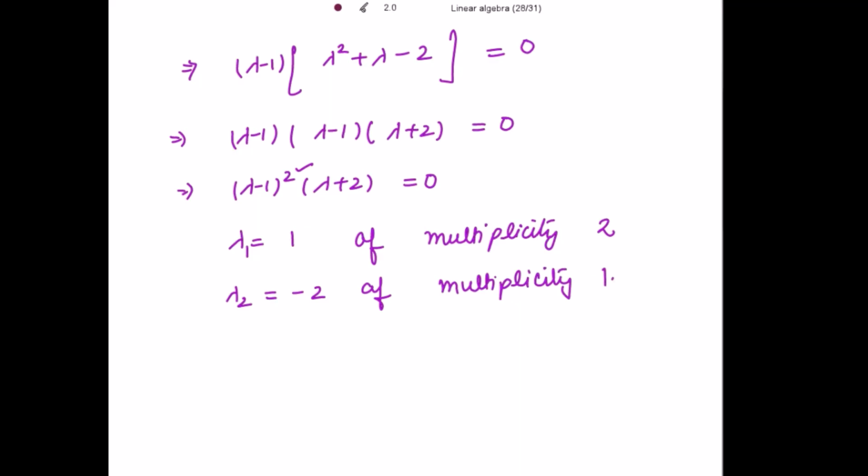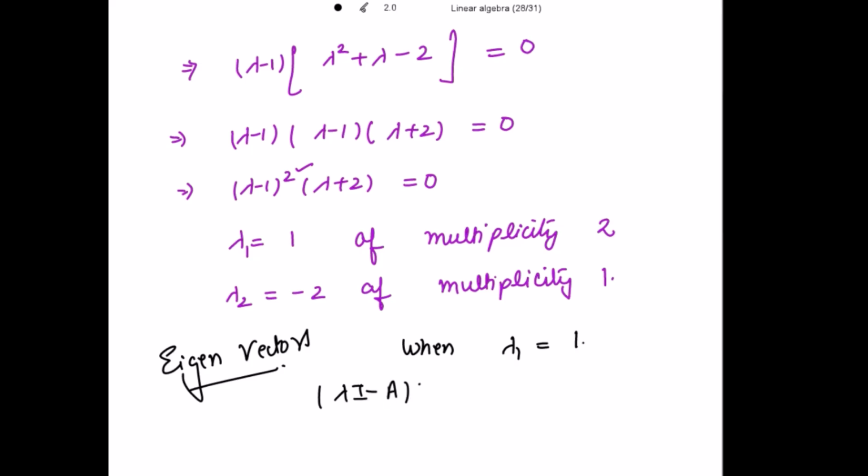Very fine. Okay, so let's find the eigenvectors for these two eigenvalues. When lambda 1 equal to 1 for the first eigenvalue, how to find the eigenvectors? For that, we need to write the homogeneous equations lambda I minus A into x equals to 0 for the first eigenvalue lambda 1.